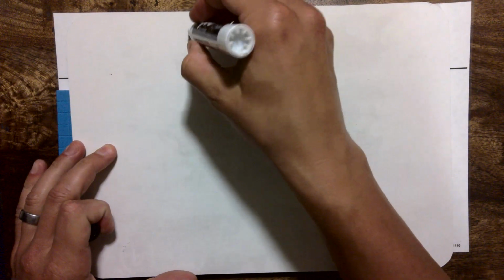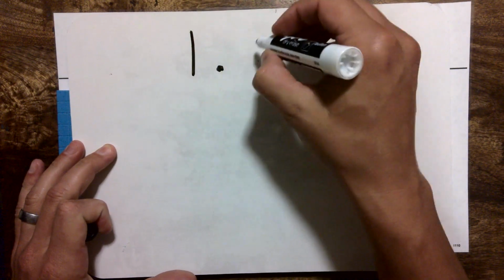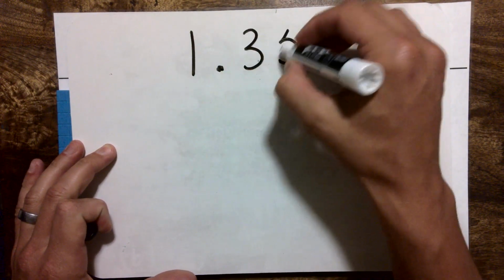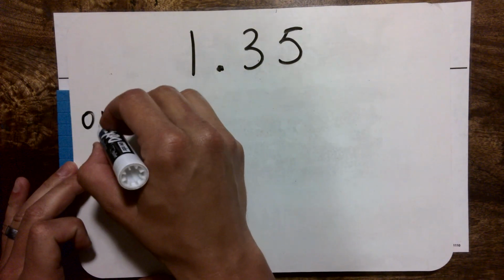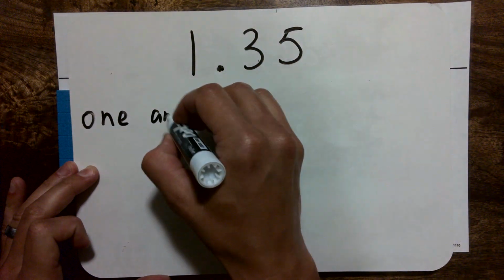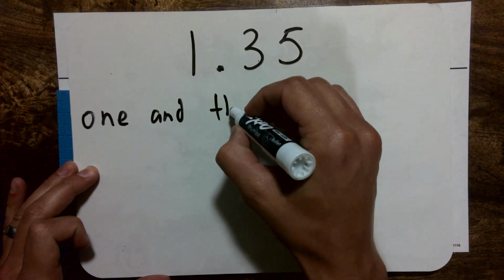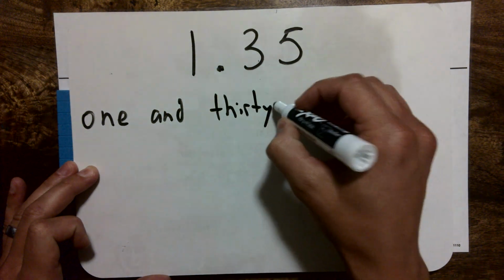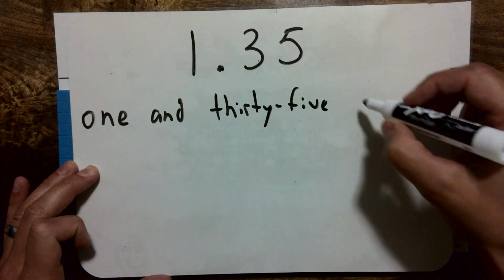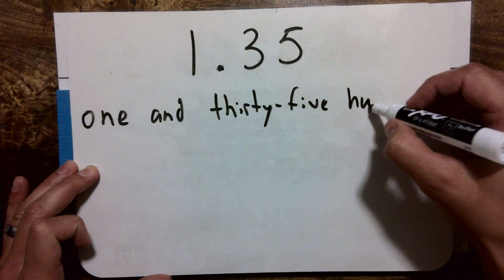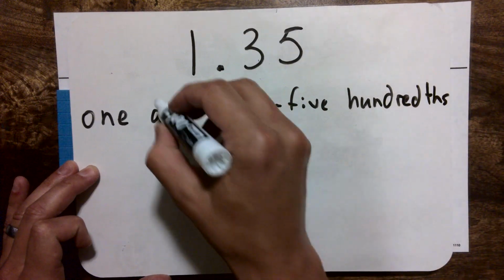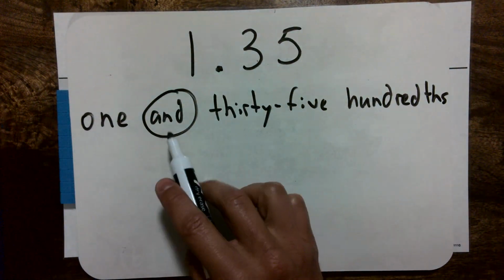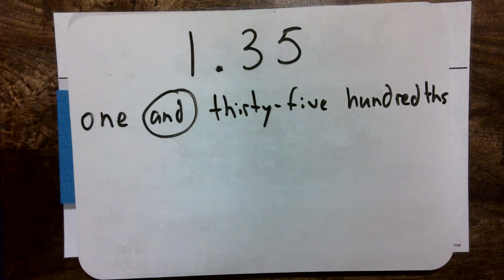With our notation here, again, all the whole numbers go to the left of that decimal point. And then our word form would be 1 and 35/100ths.